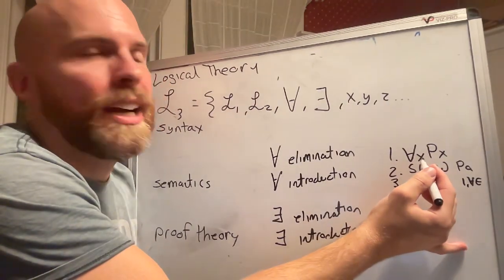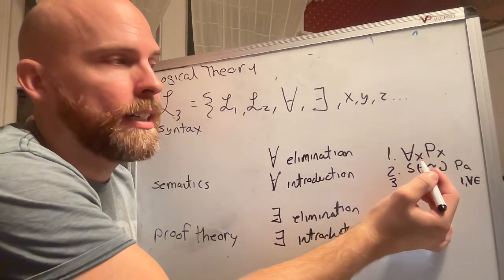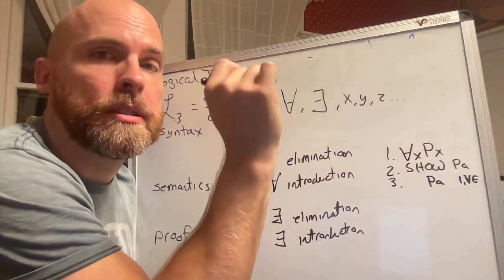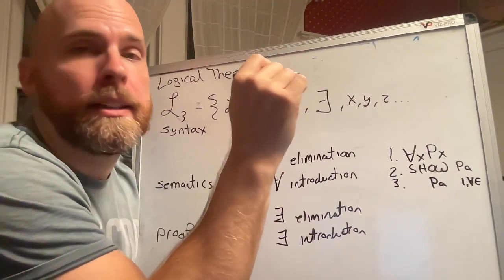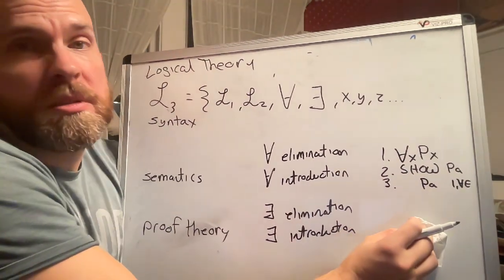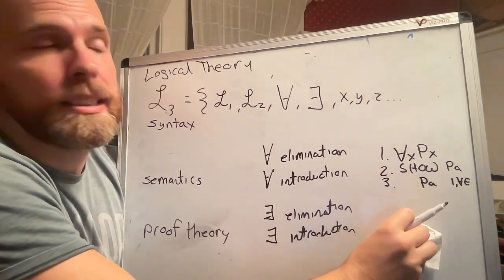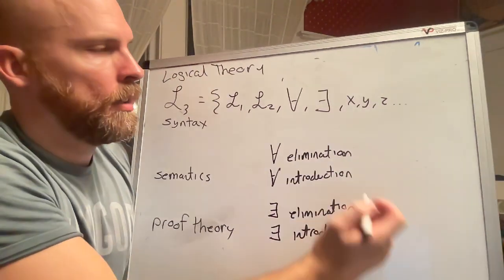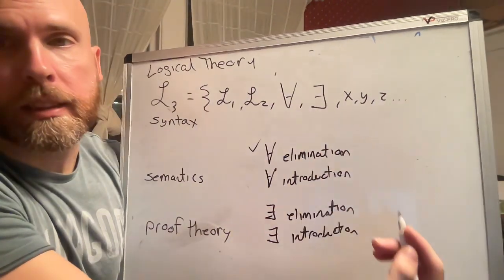I've gotten rid of the variable, the x, the quantifier, and instantiated to a specific constant, a specific name, Alex. Now, we just have a rule for this. You just drop off a universal anytime you want because it covers the whole domain. So check there, easy peasy.